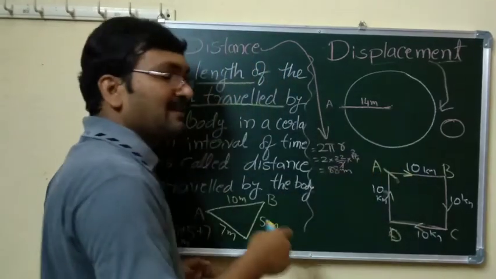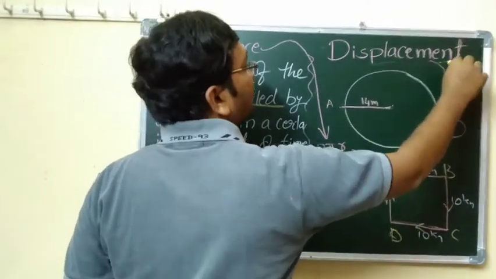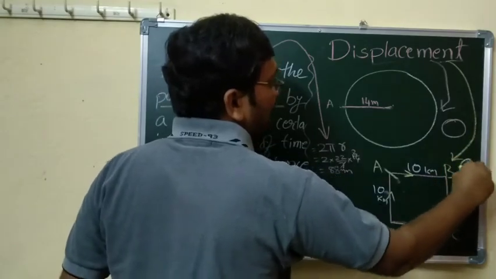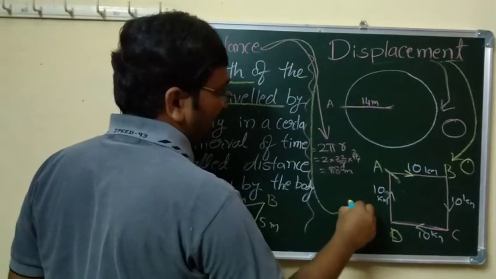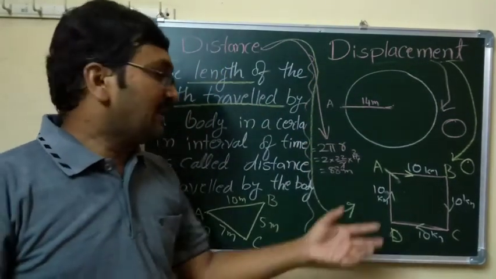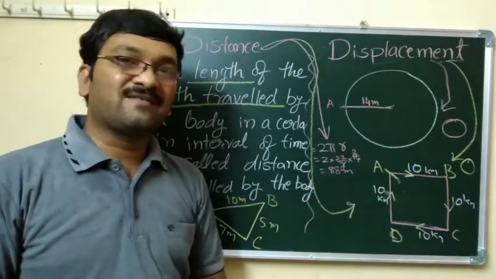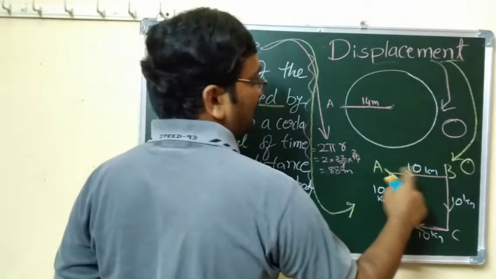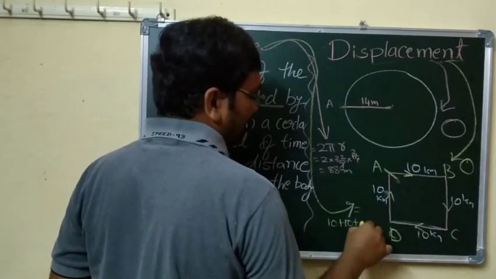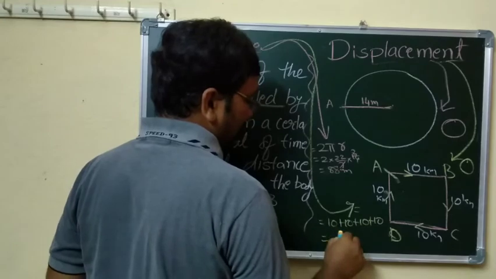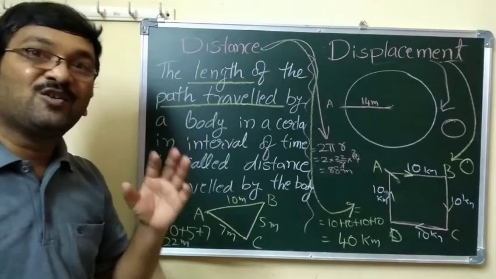He started from A and reached A. So the displacement is 0. For the distance, we know the perimeter of the square is the sum of all the sides. So 10 plus 10 plus 10 plus 10 together is 40. It is given in kilometers, so that is 40 kilometers.